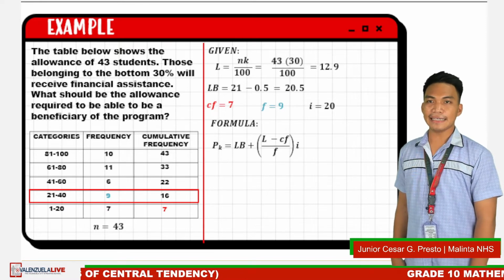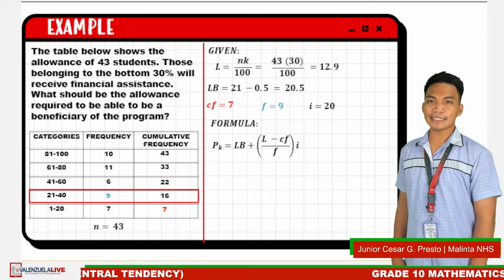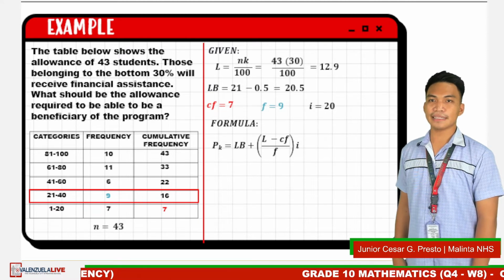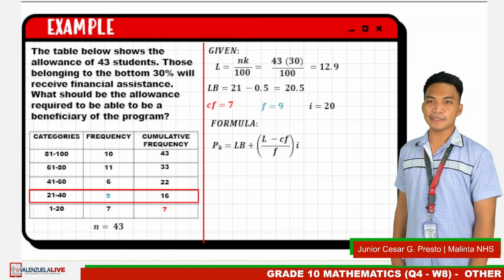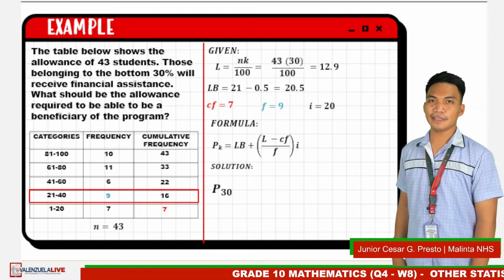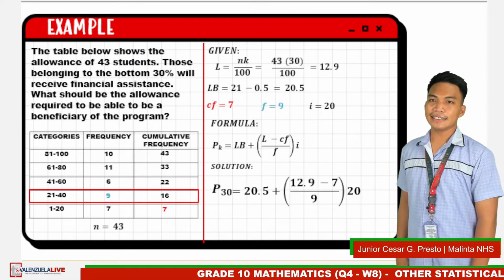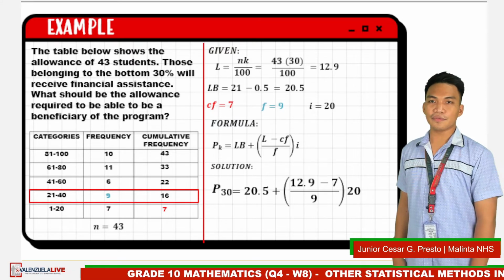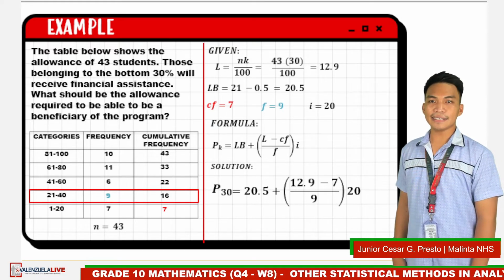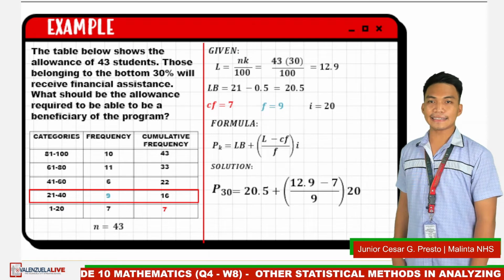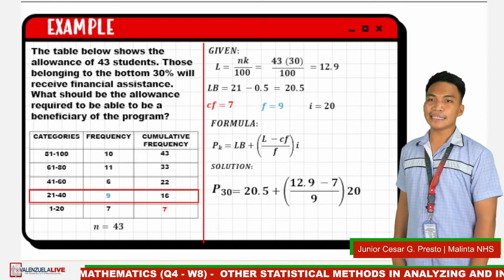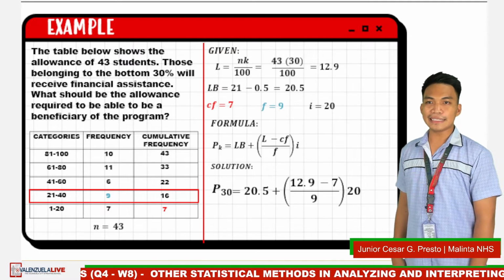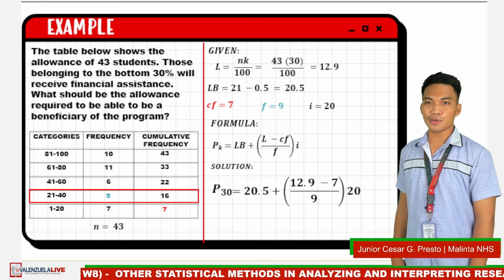P sub k equals LB plus the quantity of L minus CF all over F times I. By substitution, we have P sub 30 equals 20.5 plus the quantity of 12.9 minus 7 all over 9 times 20. We can solve this using a scientific calculator or the built-in calculators in your smartphones.